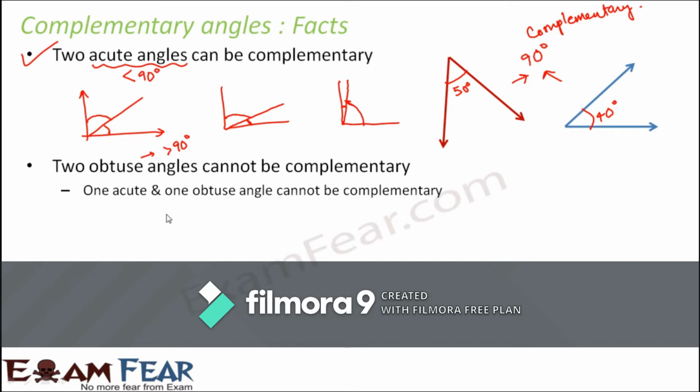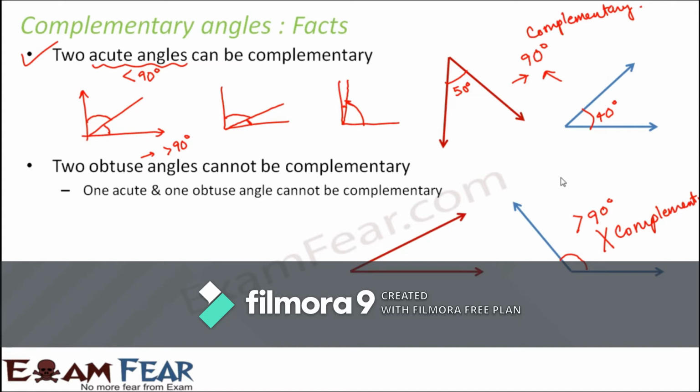So you add anything to something greater than 90 degrees, obviously you are going to get something which is greater than 90 degrees. So it is not at all possible that if either of the angles is an obtuse angle, the sum can ever be 90 degrees, and therefore an obtuse angle can never be part of complementary angles. So an obtuse angle would be something like this, which in itself is greater than 90 degrees. Therefore, they can never be complementary.